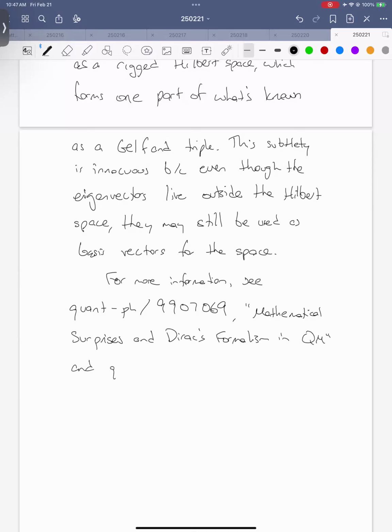And quant-ph 0103153, Self-adjoint extensions of operators and the teaching of quantum mechanics.